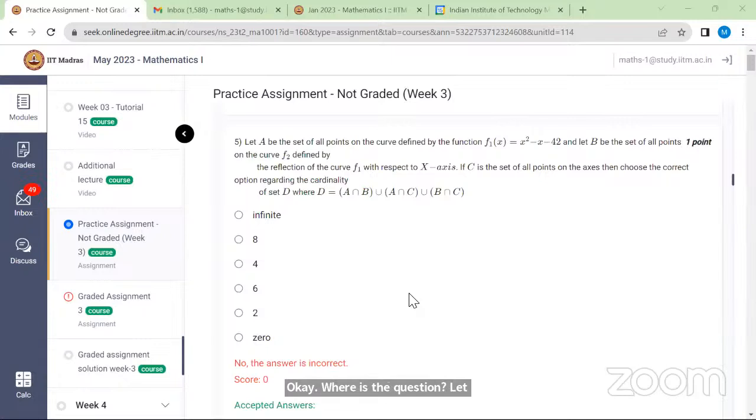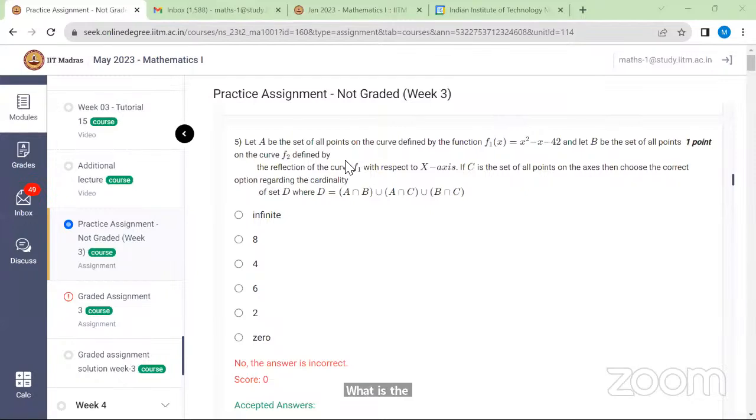Let A be the set of all the points on the curve defined by a function f1, x square minus x minus 42, and B be the set of all the points on the curve f2. What is the equation of f2?